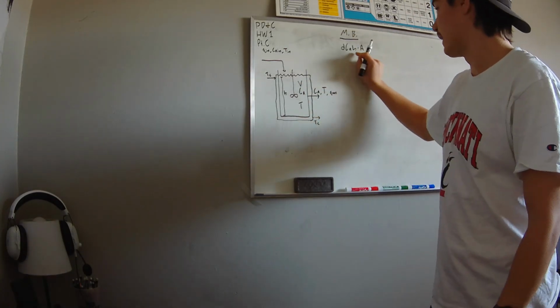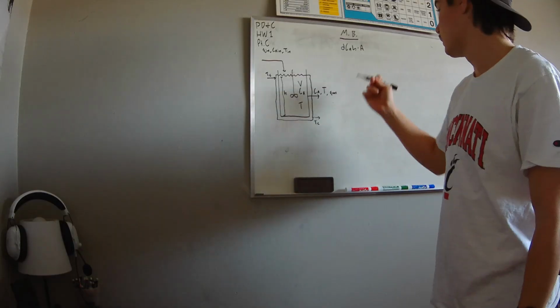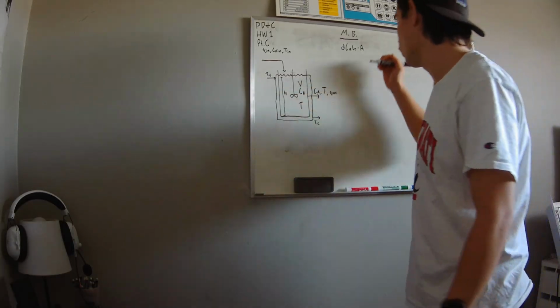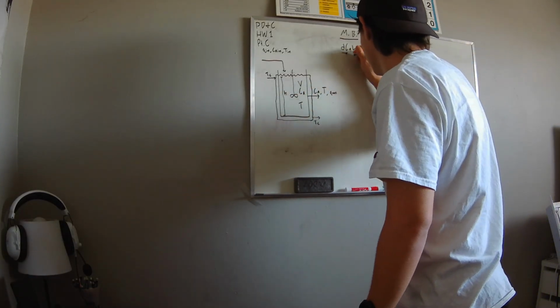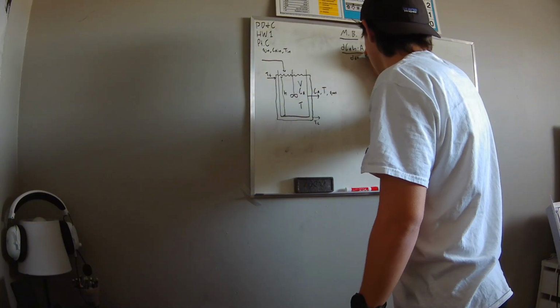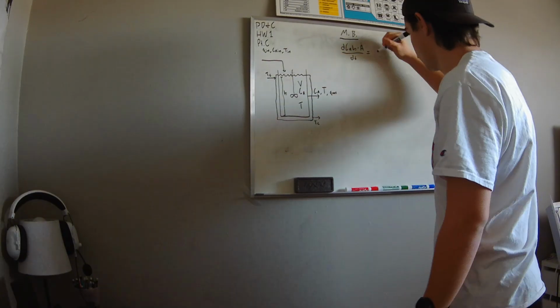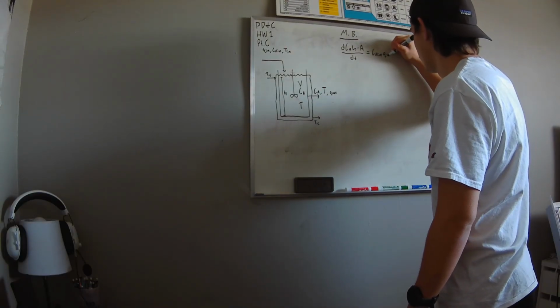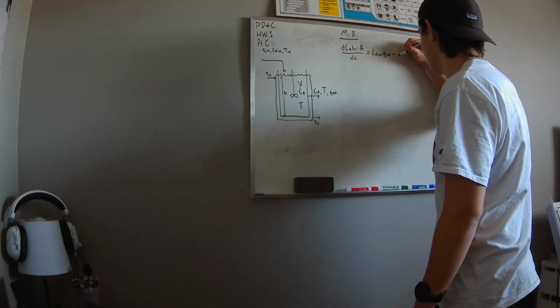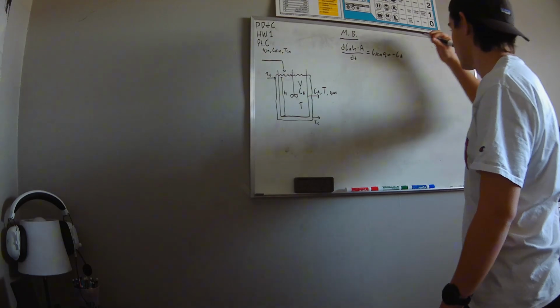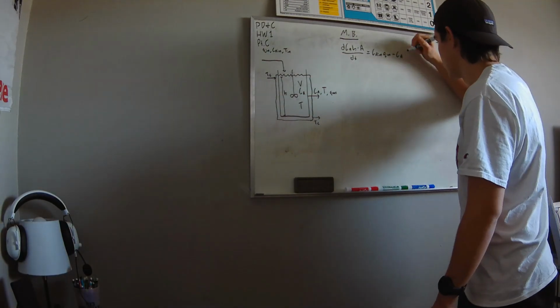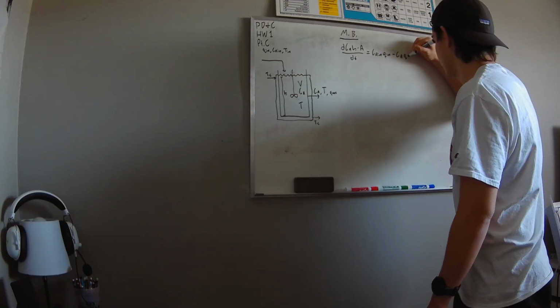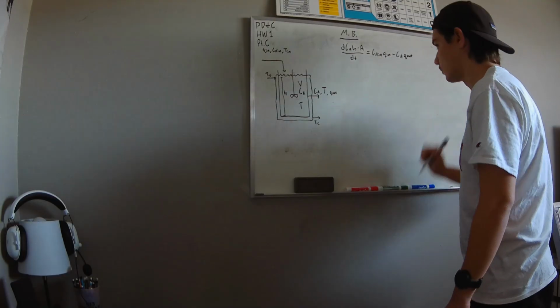As this is our height times our area, which is our volume, times our concentration, giving us our moles over our change in time. And this is just going to equal our inlet concentration, CAn, times our inlet flow rate, Qn, minus our outlet concentration, Ca, times our outlet flow rate, Q out.